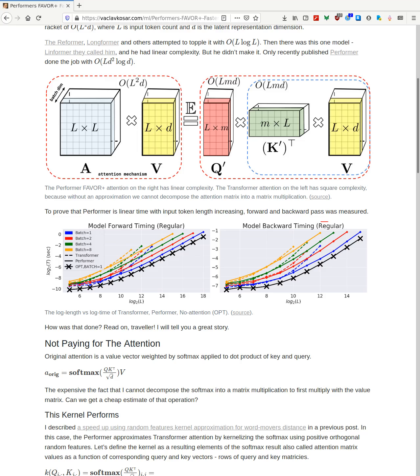What the performer does is transform each of these queries and keys separately and introduce a special dimension M, and once this is done, the complexity reduces to linear complexity, and the approximation of the softmax is very good. It behaves very much like attention.